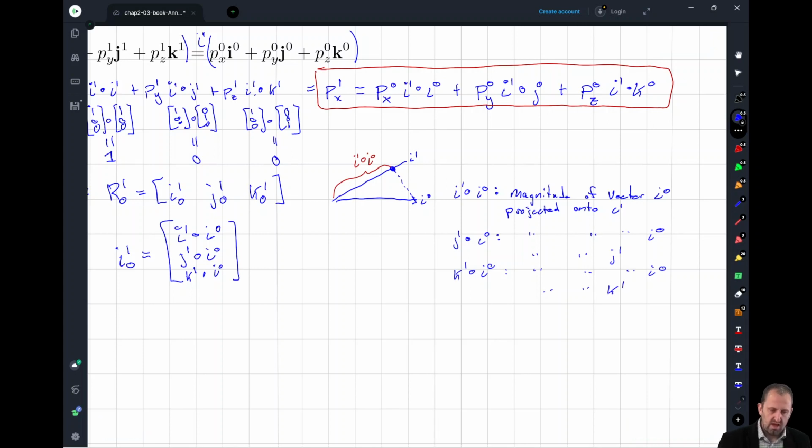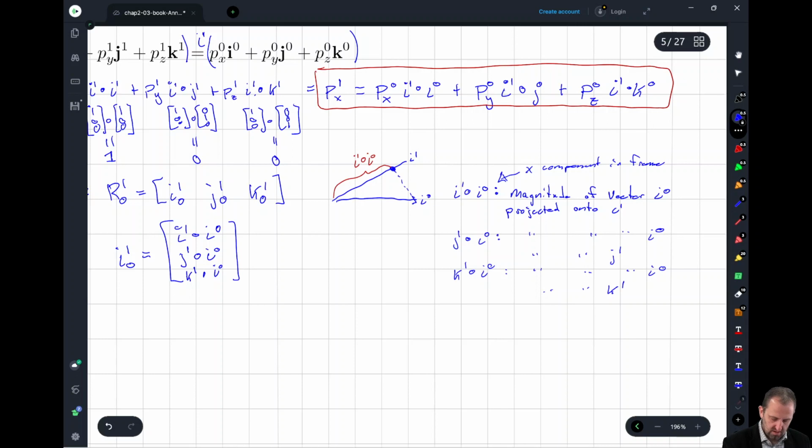So in reality, what we're doing is taking I naught and finding the X component in frame 1, the Y component in frame 1, and the Z component in frame 1.